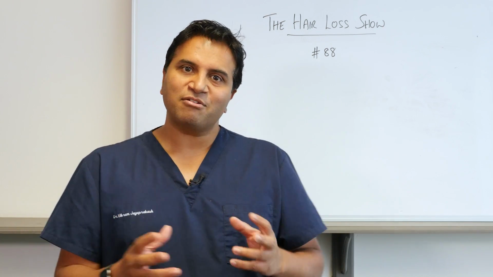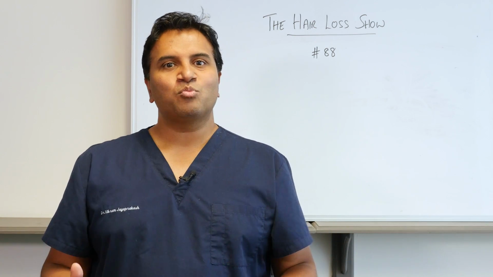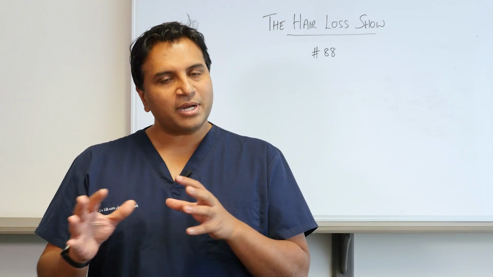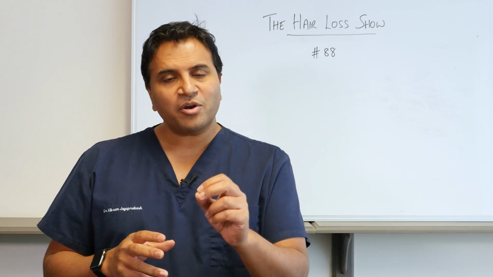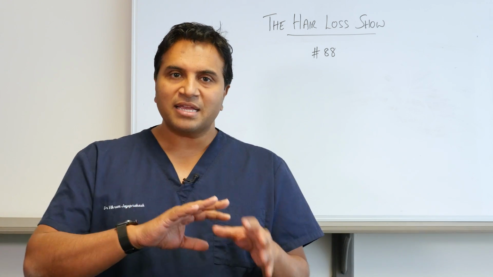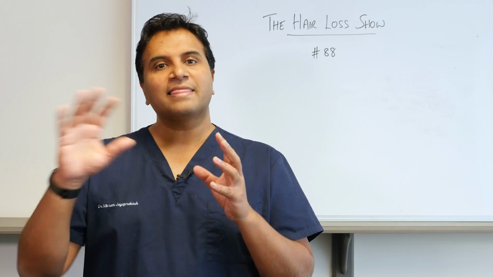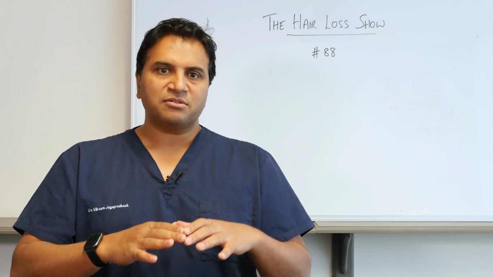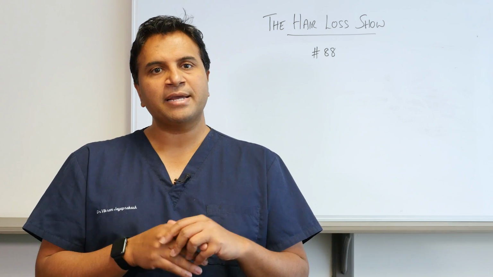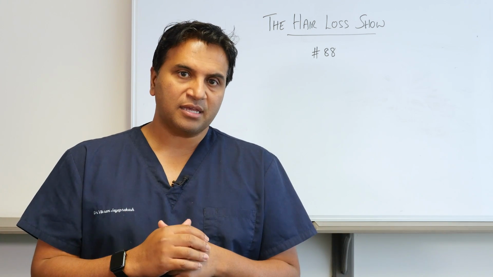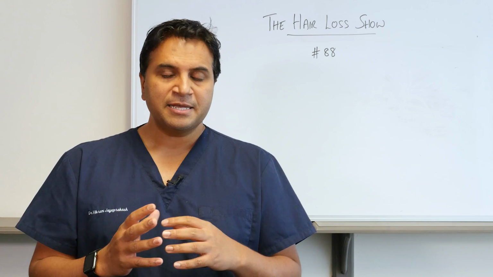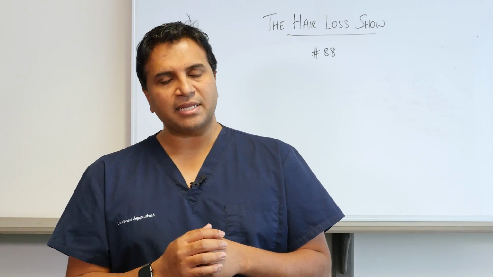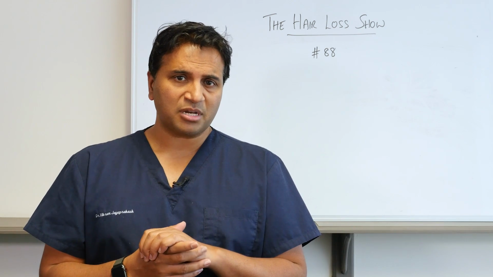If the rest of the hair has a lower density, then we shouldn't be packing too much density into the recipient area. So we're trying to match that, not numerically, but optically, so it has a seamless look. That's what we're trying to achieve. And again, it will be down to measuring that surface area with a variety of methods, and then from that being able to calculate what the number of grafts is going to be.